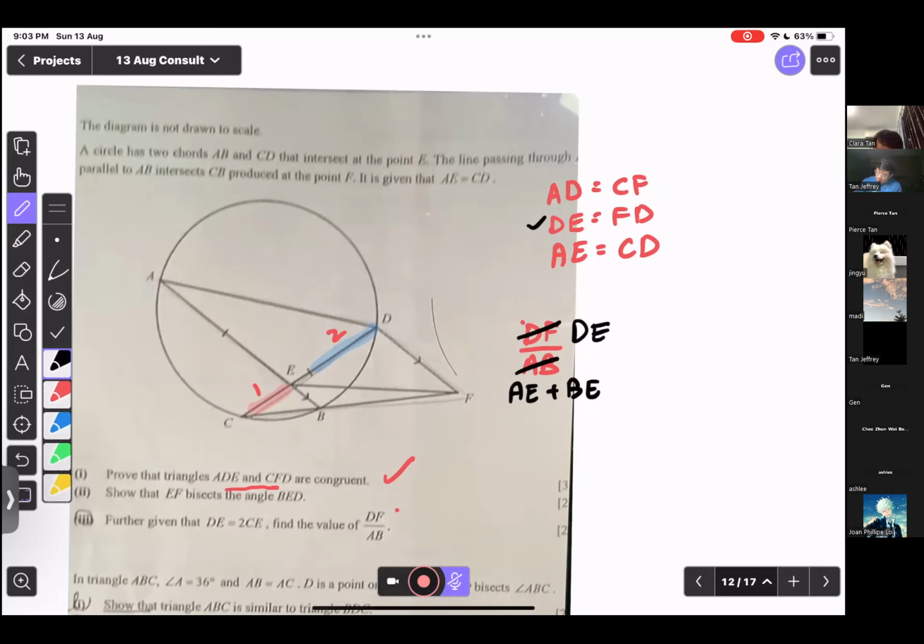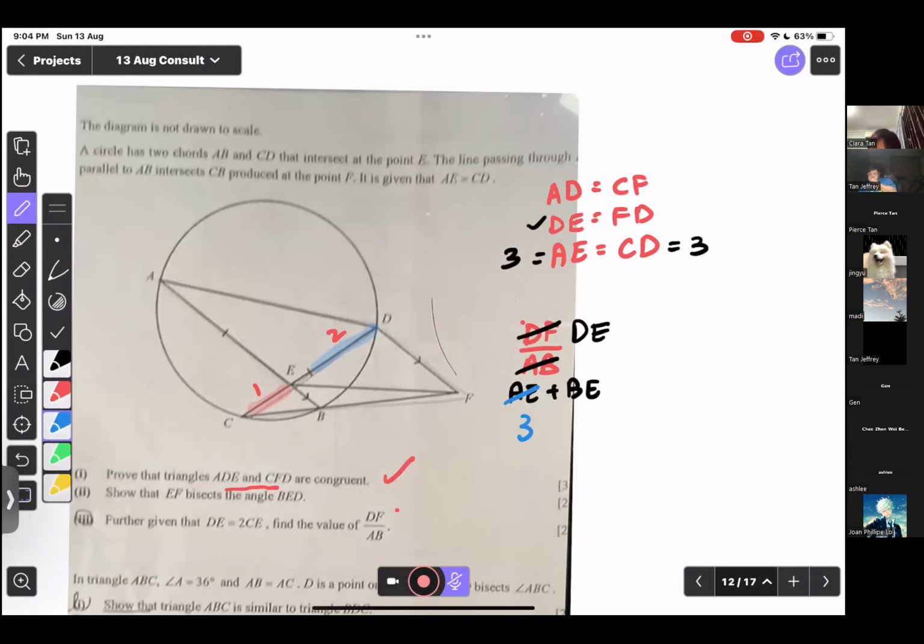And AE equals CD. So CD is 3 units. That means AE is also 3 units.